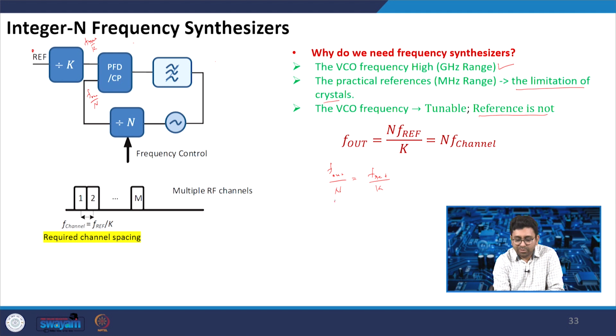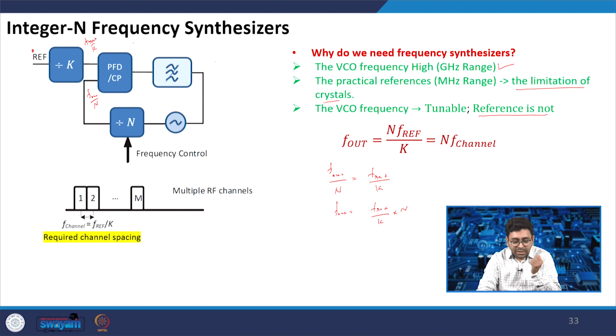So, what is the output frequency? We can write f out equal to f reference by k into n. Now, another important thing in RF transceiver design is that we are going to use different channels in a single band.